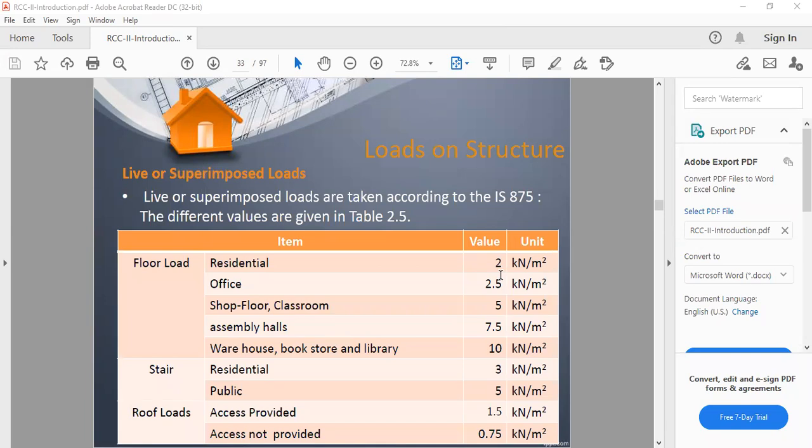Basically, in earlier lectures, we've gone through the different methods for designing, and out of that, in the syllabus, we're going to cover the limit state method. In the limit state method, we also went through the differences between the limit state method, or LSM, and the other method, the working stress method.